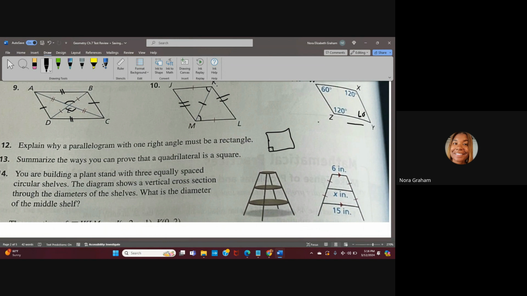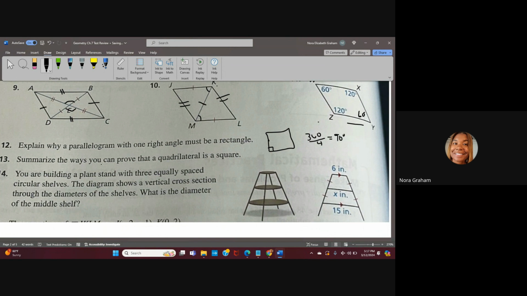The only way to get them to add up to 360 is to make sure they all equal 90, because 360 divided by 4 is going to equal 90. So if one of my interior angles is 90, that means all of them have to be 90. So that's kind of like an explanation for 12.